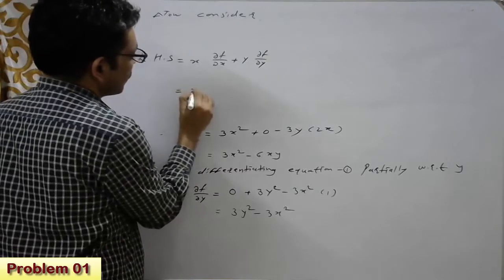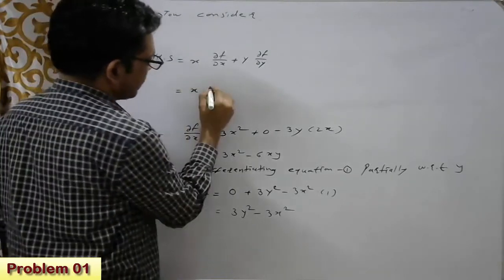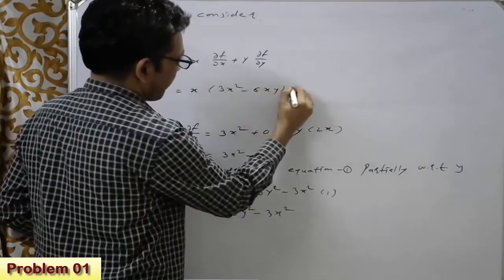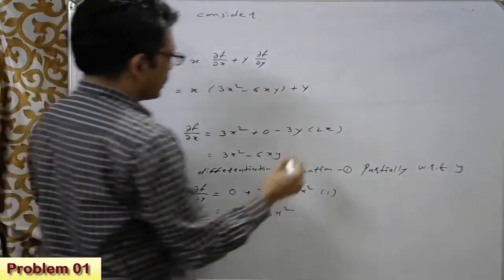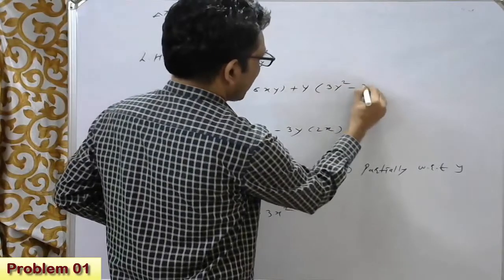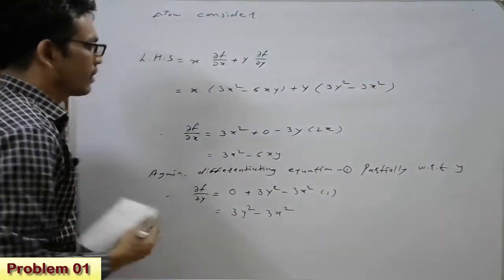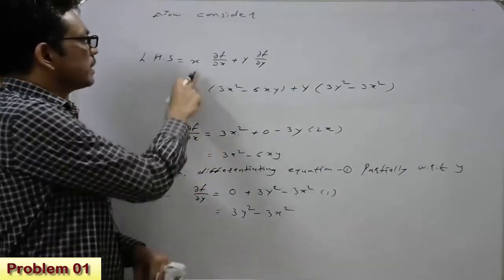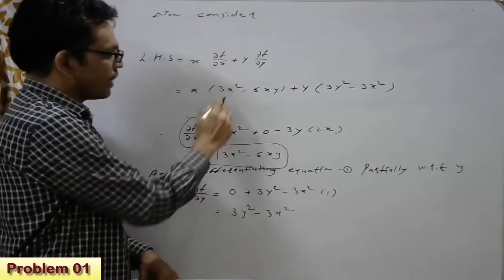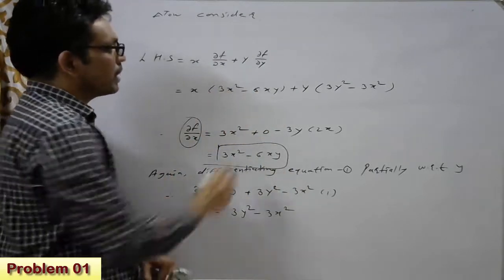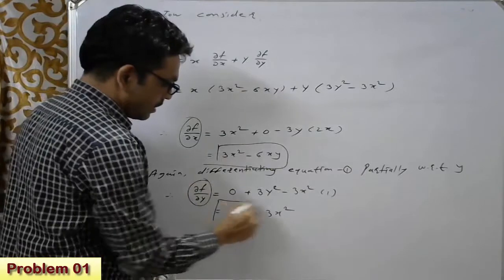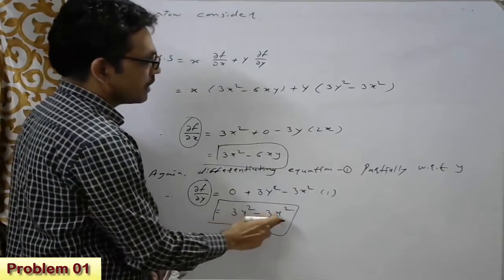Which is equal to x into the value of del f by del x, which is 3x square minus 6xy, plus y into the value of del f by del y, which is 3y square minus 3x square.